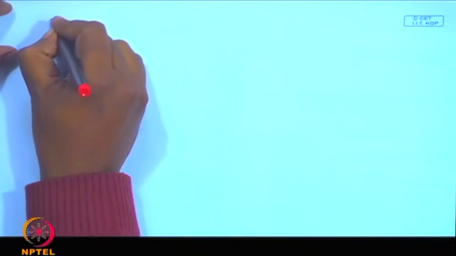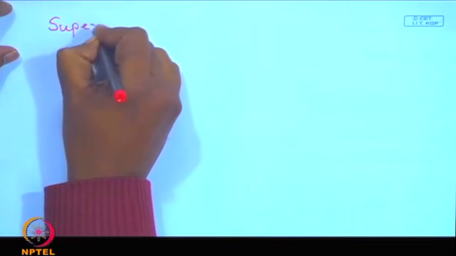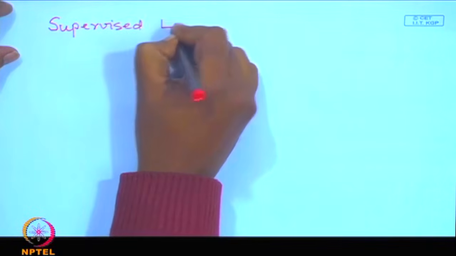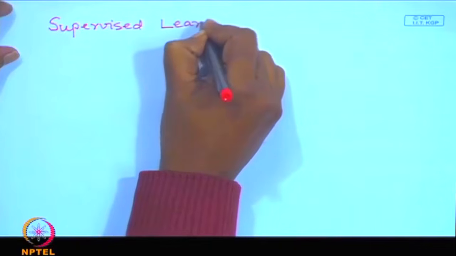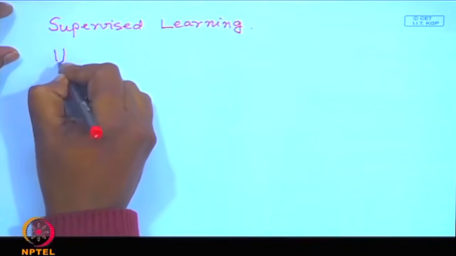Now, when I go for such pattern recognition, it can be done in one of two ways. One way is called supervised learning, and the other approach is unsupervised.